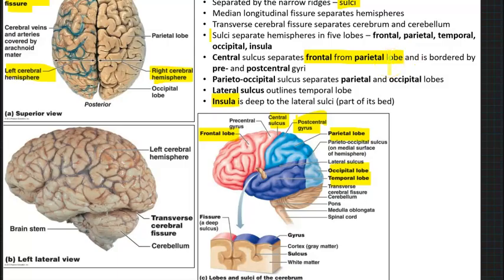It's very specific knowledge, and unless you plan on working in neuroanatomy, you don't need this. So again, the front of the hemisphere is the frontal lobe, the back is the occipital lobe, the side is temporal, the top is parietal, and the very deep is insula. Okay?